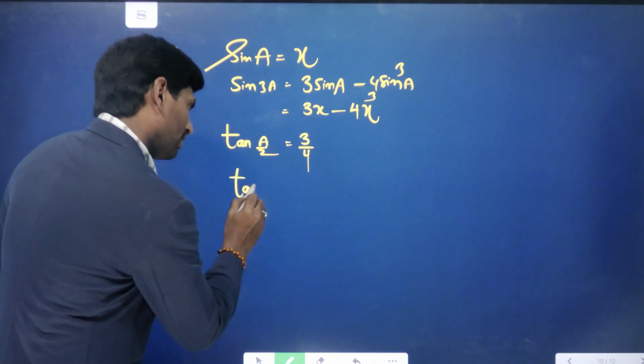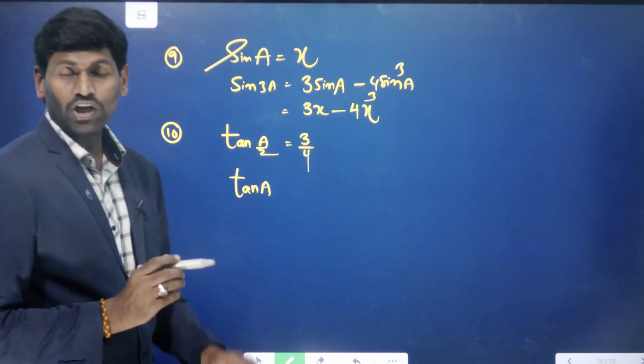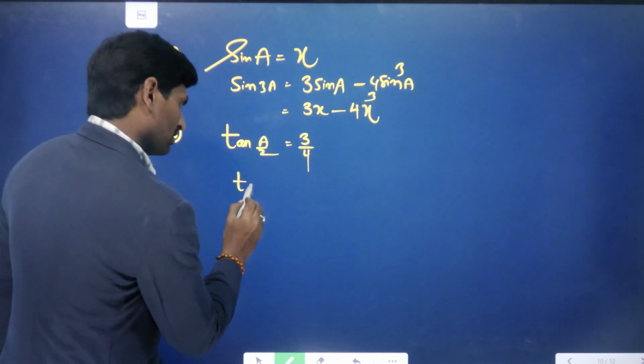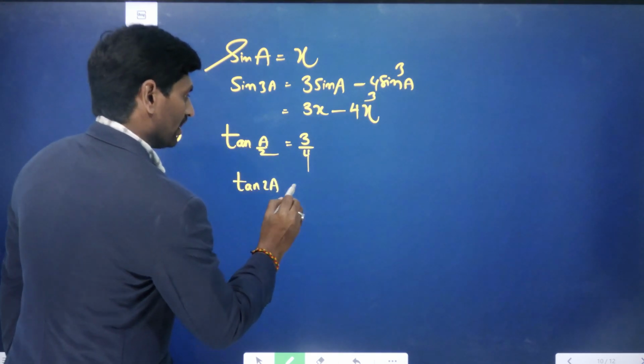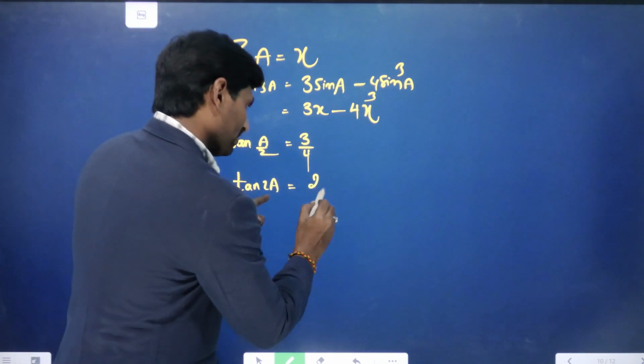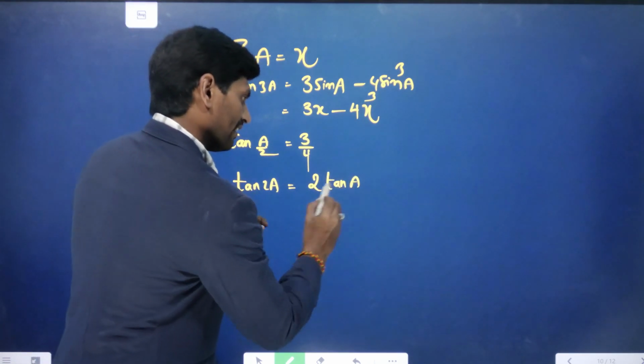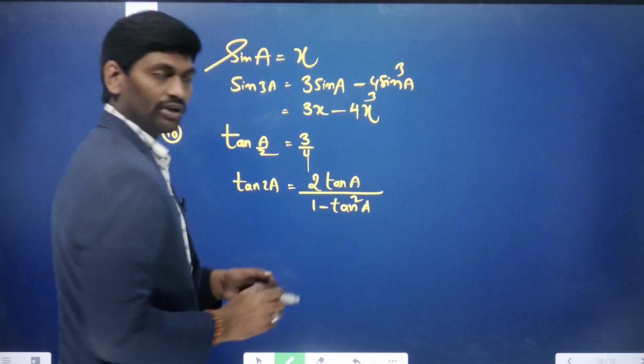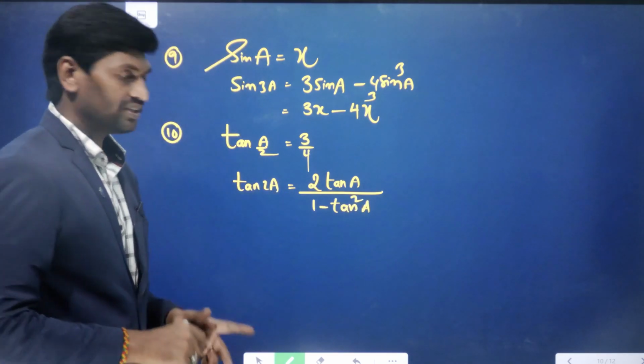Now, I just remember the formula for tan 2A. I am writing the tan 2A formula. Tan 2A is nothing but 2 tan A by 1 minus tan square A. Am I right? This is the tan 2A formula.